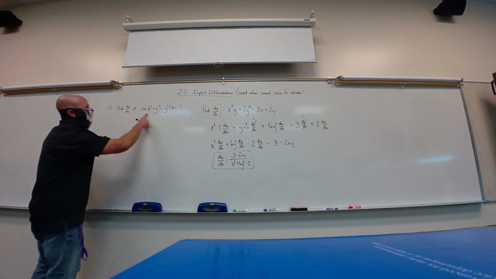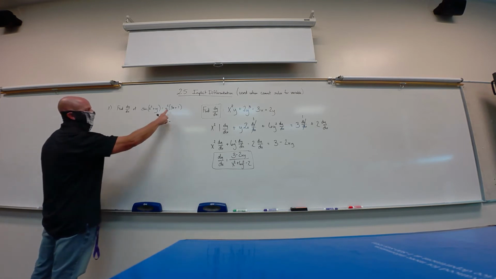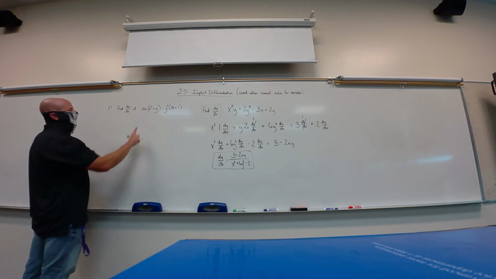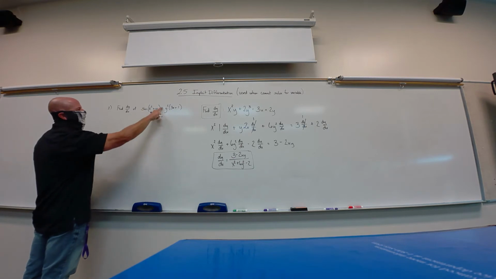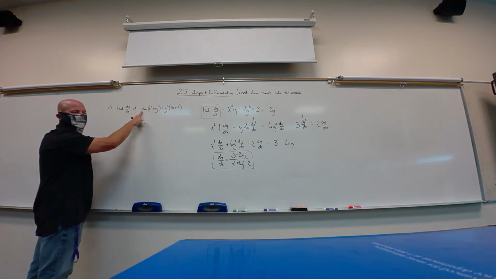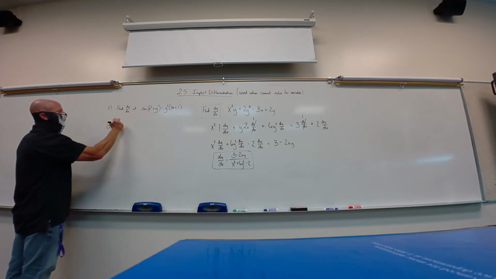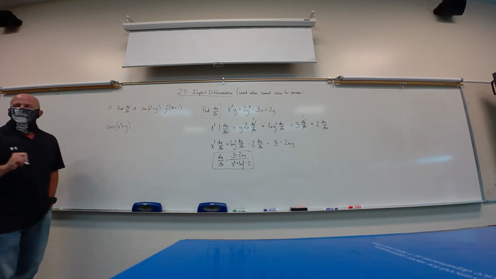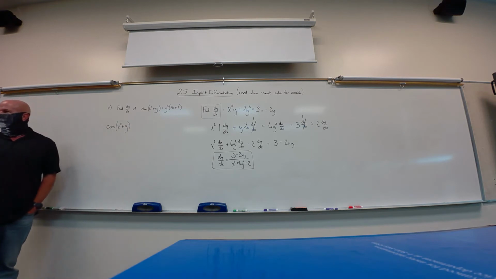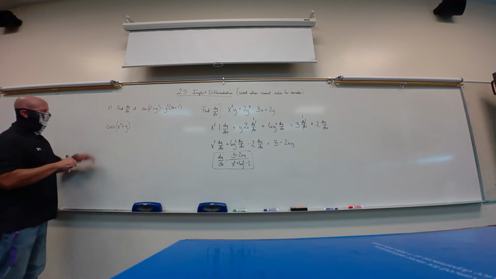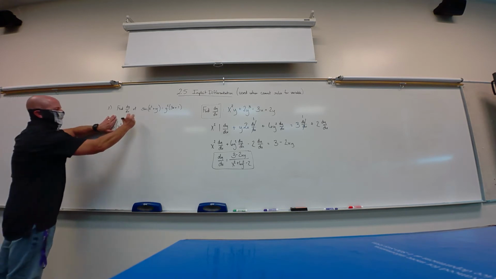Trig function left side. Product rule right side. Go left first. What's the derivative of the sine? Cosine. So we're going to start with cosine(x squared plus y). Then the derivative of the inside. So now we're just looking at this inside.